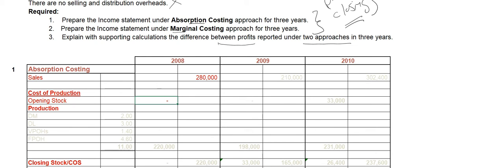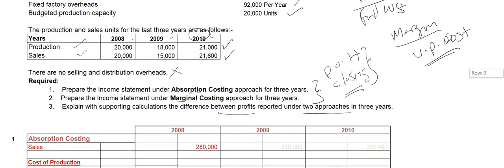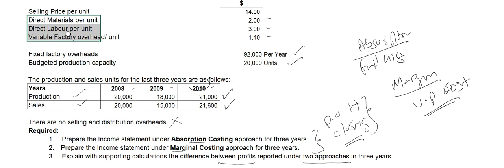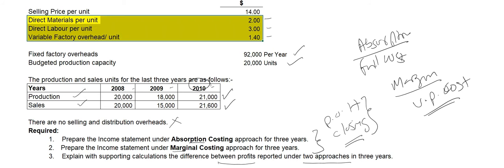Now production. How do you value the production? As I explained earlier, under absorption costing you need to take the full cost, which means your direct material cost, direct labor and variable factory overhead, all these are variable cost components.